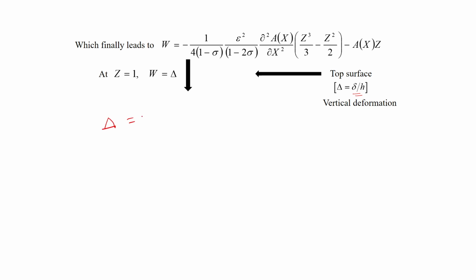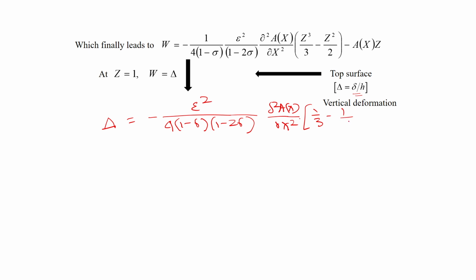So, delta is equal to minus of 1 upon 4 here, (1 − σ)(1 − 2σ)², and there it is ∂²A(x)/∂x², and this is z equal to 1. So, it is 1/3 minus 1/2 and minus A(x) into 1.